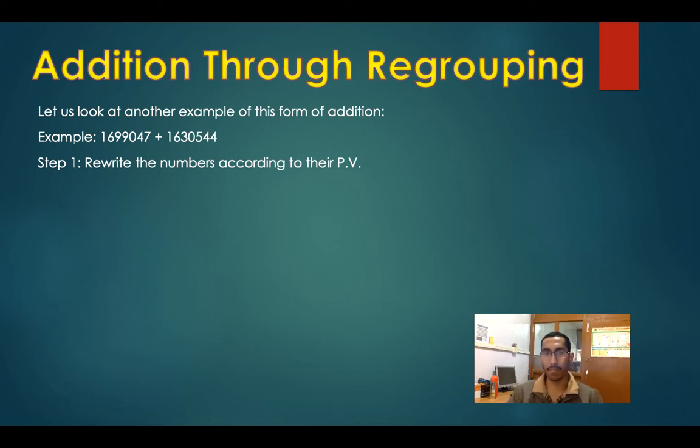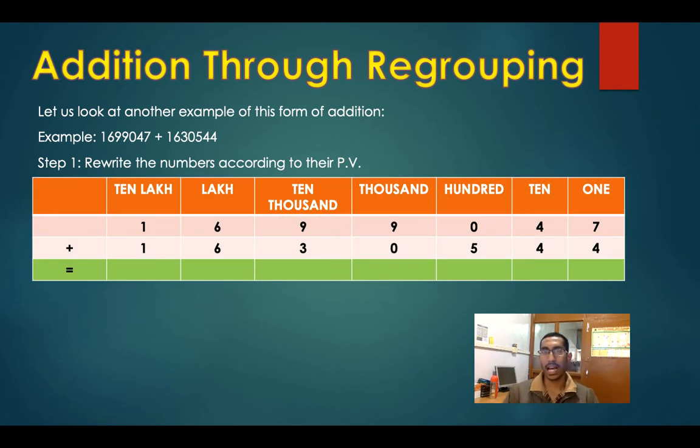Quickly grab your pen and pencil and start writing. Now I'm going to fill it into the place value chart for you. I hope you got this right. Now the second step is to add the numbers and carry over when necessary. So let us look at the solution.